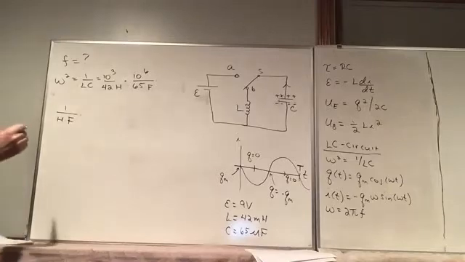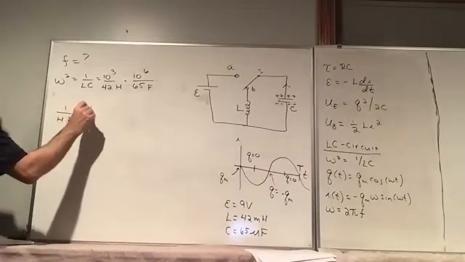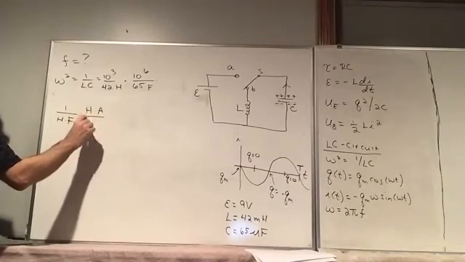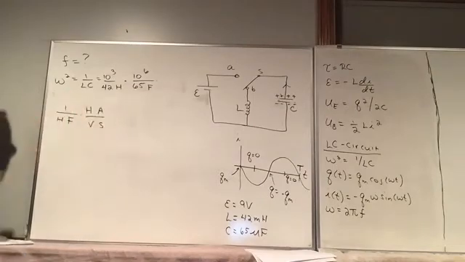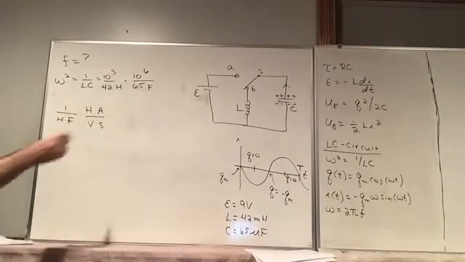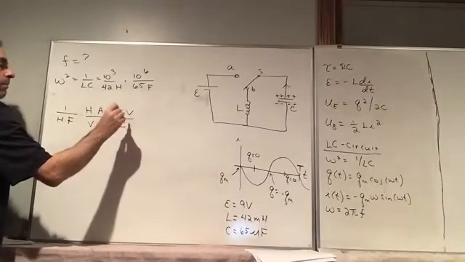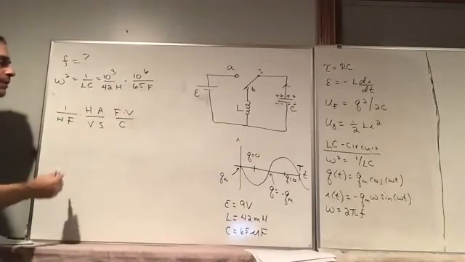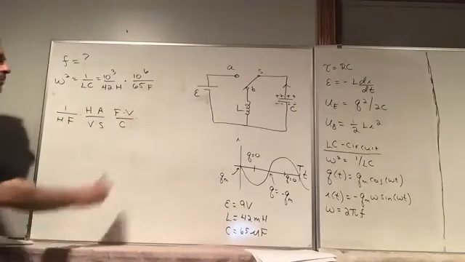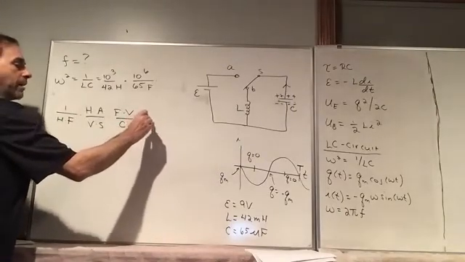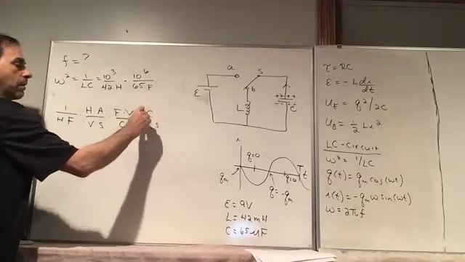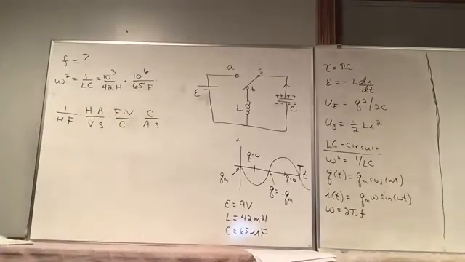So a Henry times an amp is a volt times a second. We also know a coulomb is equal to a farad times a volt, and an amp is a coulomb per second. So an amp times a second is a coulomb.